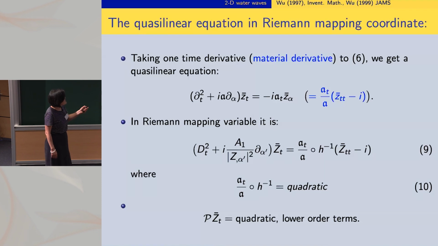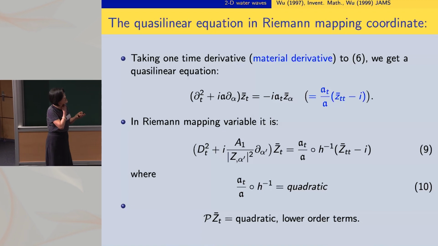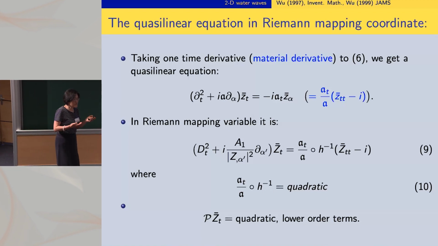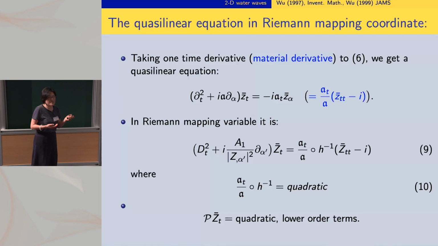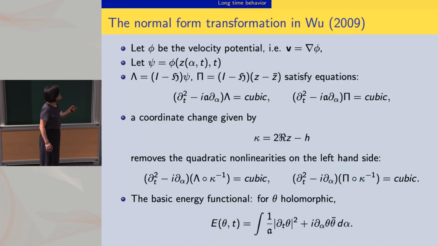So the main equation of the water wave will look like this: the main operator applied to the velocity equals some quadratic lower order terms. If we just look at this equation for initial data of size epsilon, you can solve for time epsilon to the -1. So how do you go to epsilon to the -2?